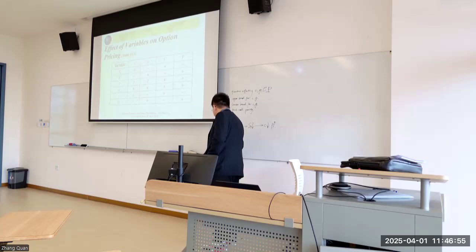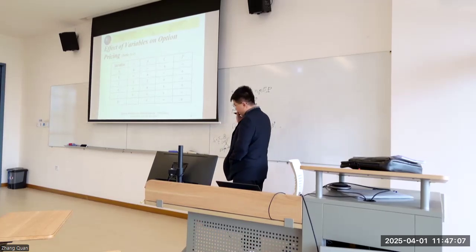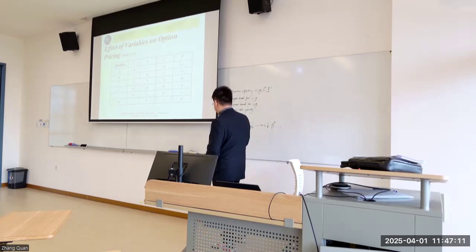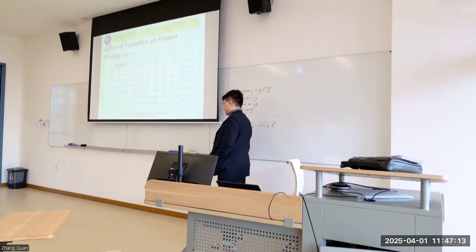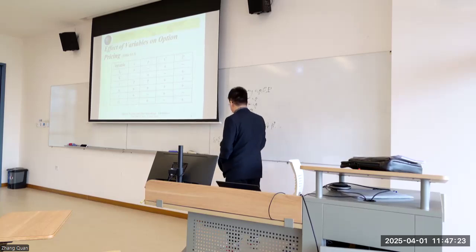plus your risk-related profile. So thinking about the straightforward case, if you are just favoring a risk-free investment, okay, if the risk-free rate is higher, then the present value of this risk-free investment should be lower.